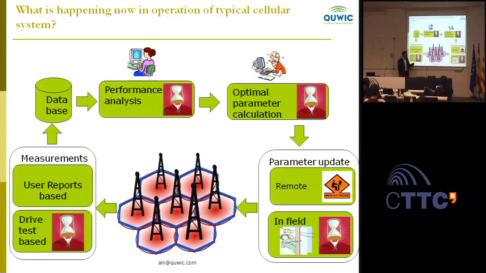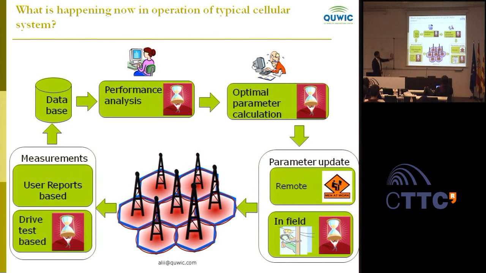The problem is, by the time this guy goes to the tower, he will adapt the parameter, and then he comes back and he'll have another call from his manager that you need to go back. The problem is the time this whole process took. Meanwhile, your cellular network has already changed. There has been a plaza built, the vegetation grew, or maybe autumn came, so there is no vegetation anymore.